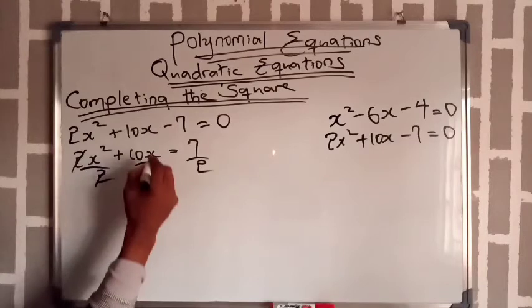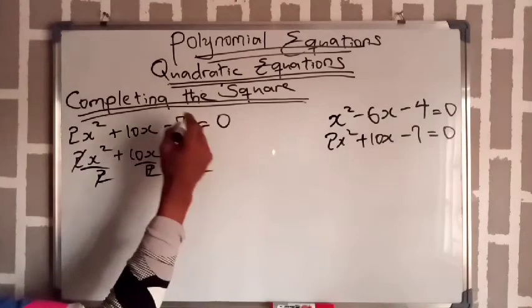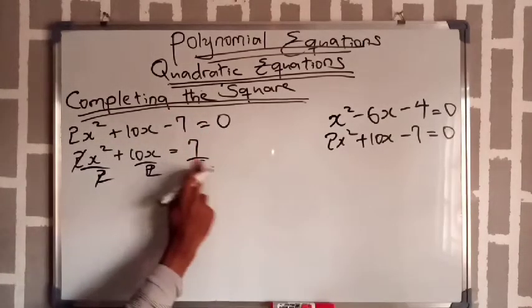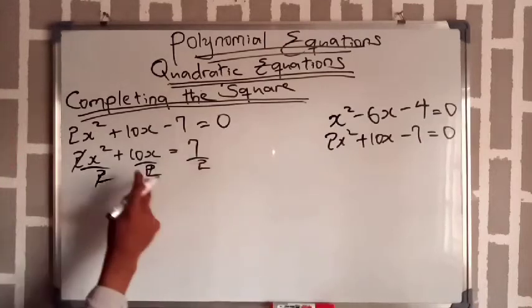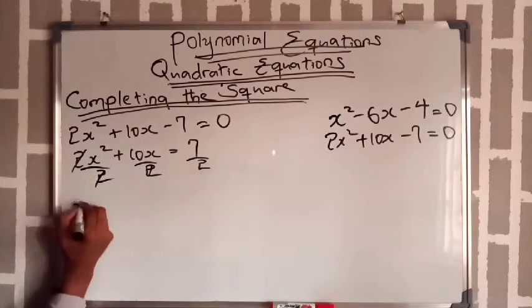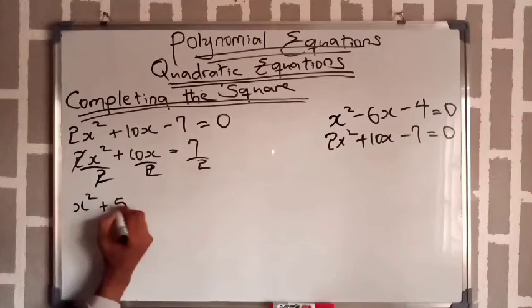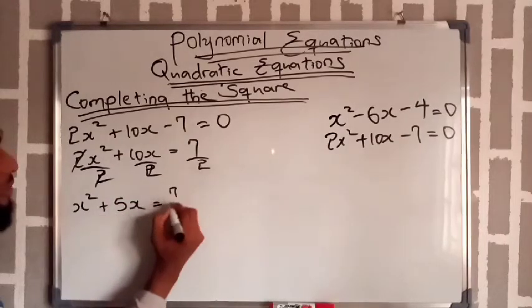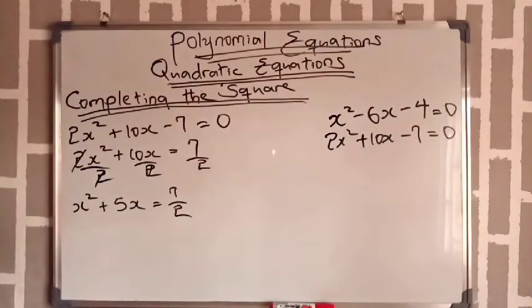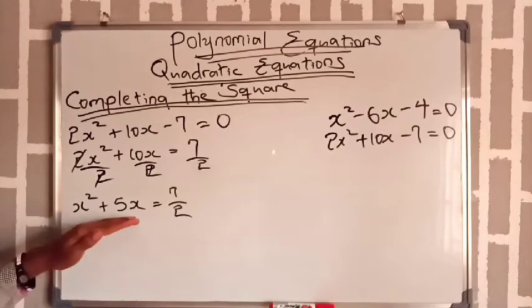Okay, I'll leave this because I don't want to use decimal. So now it becomes x squared plus 5x equals 7 over 2. I don't use decimal. So now you also divide this by 2.